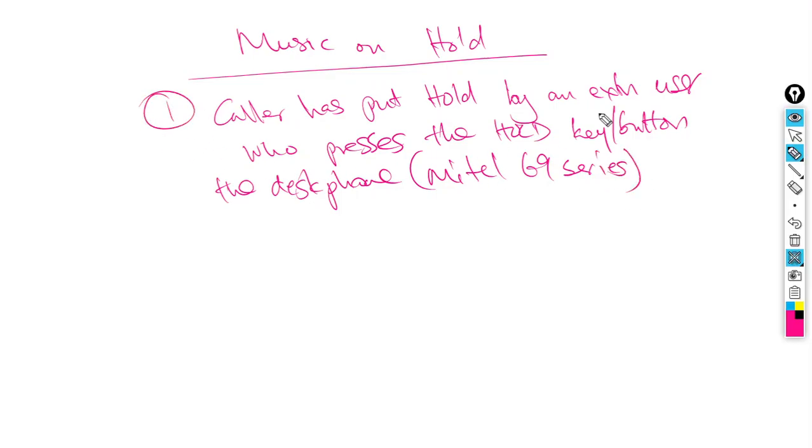So once the user presses the hold key, the system, the MiVoice Business Controller, will start to play music on hold to the caller. Number two, the second scenario is when a call is being transferred.